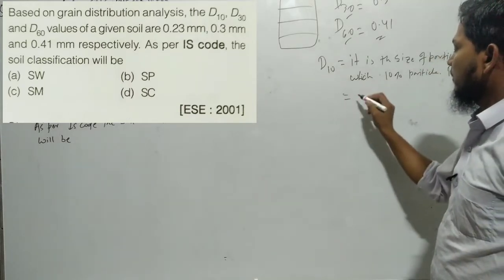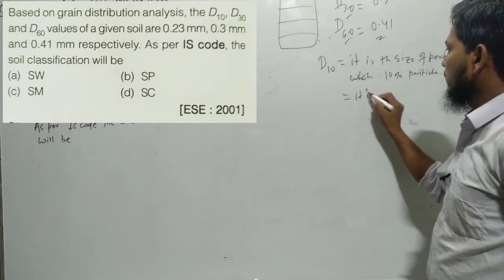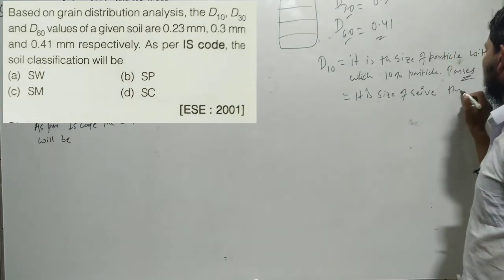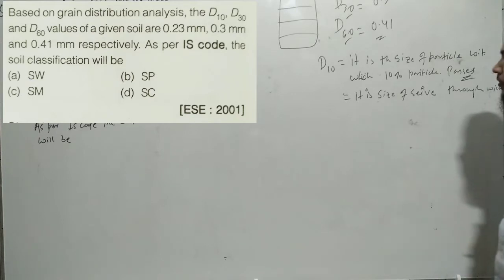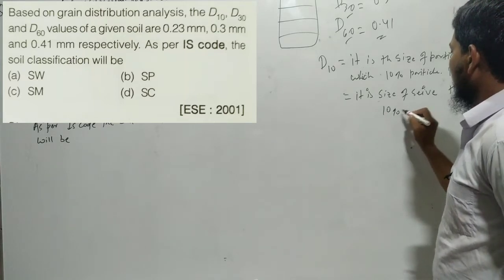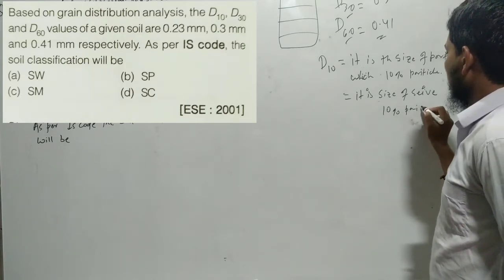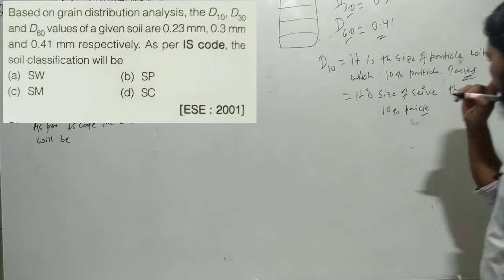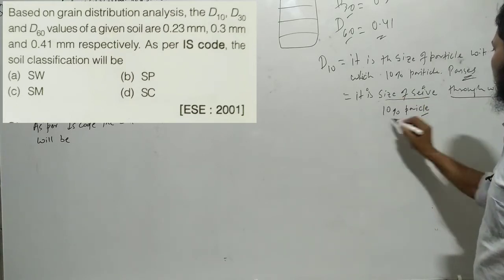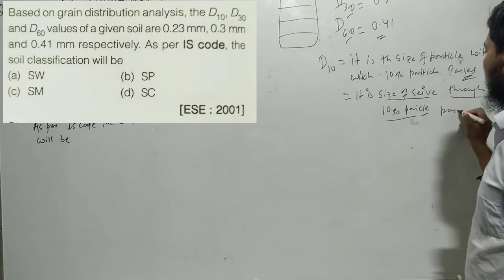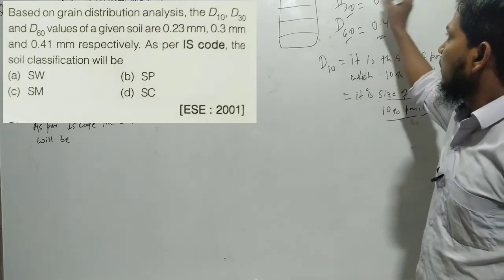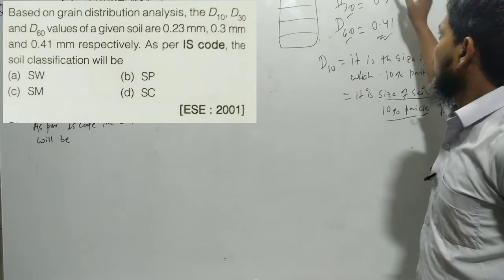Or we can say it is the size of the sieve through which 10% of the particles pass. Similarly, D30 and D60 have the same meaning.